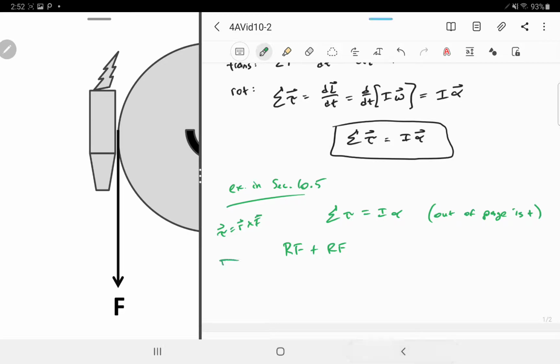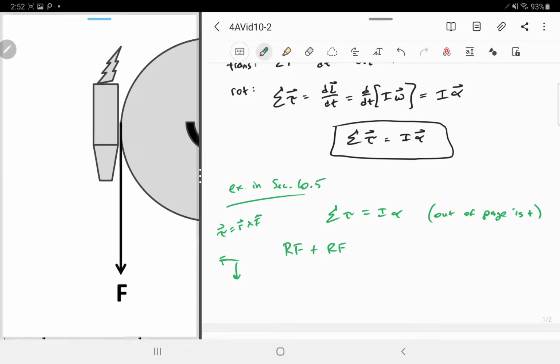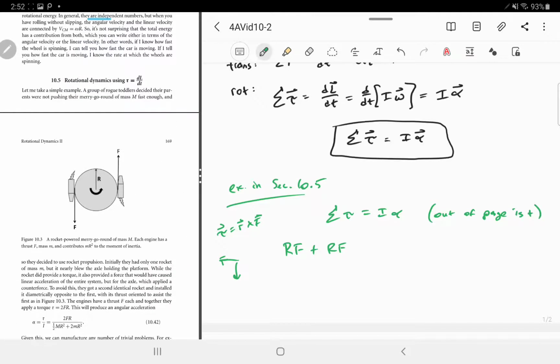So if you do left cross down, and you use the right hand rule, then r cross F is out of the page. So what I'm saying over and over again is that there are 2 torques and both of them are out of the page. So that's positive for us. So RF plus RF, that's the sum of the torques, equals I alpha.